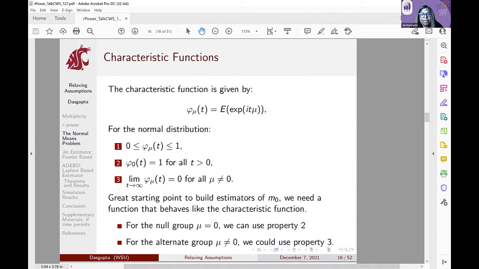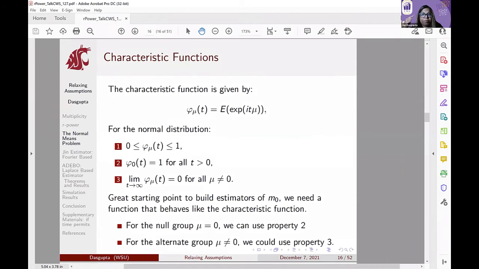This particular function was used because it has some really interesting properties. The characteristic function is bounded between 0 and 1. If mu is 0, you're taking the expected value of the exponential of something to the power 0, which is just 1, so the contribution is 1.